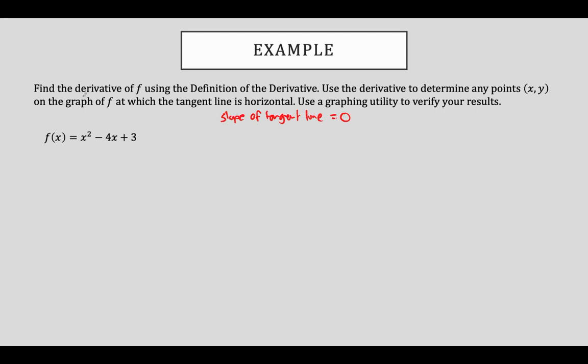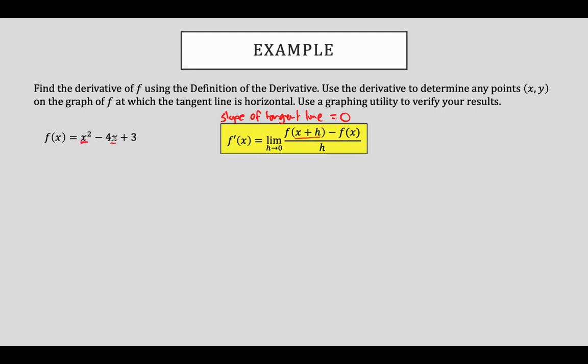All right, find the derivative. We know the definition of the derivative says f prime of x is equal to the limit as h approaches 0 of f of x plus h minus f of x all divided by h. So we have f prime of x equals the limit as h approaches 0. Don't forget the limit portion. F of x plus h, that means I replace every single x with an x plus h.